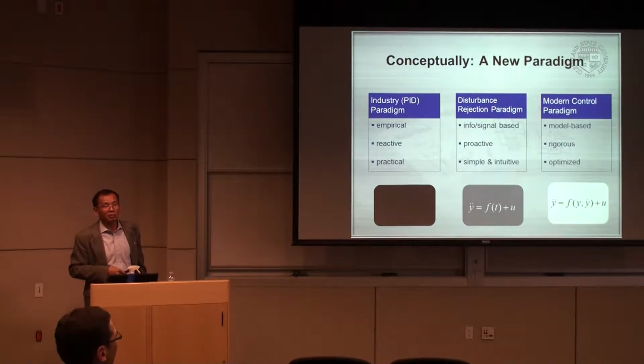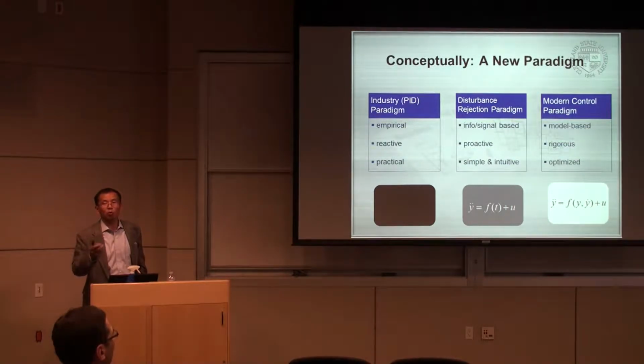But we know something, but we don't know everything. A lot of uncertainty in there, but we know there's a basic structure in the plant. Like in the motion plant, we know Newton's law. We may not know the friction, we may not know the load, but we know that our input is proportional to the acceleration.